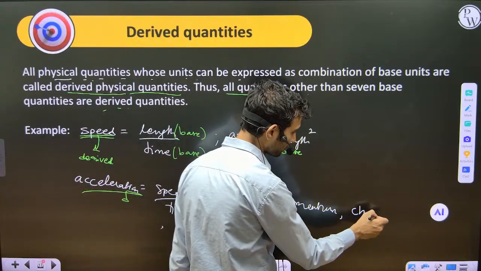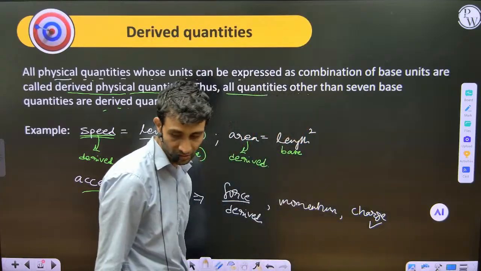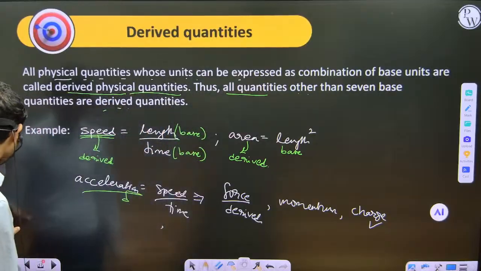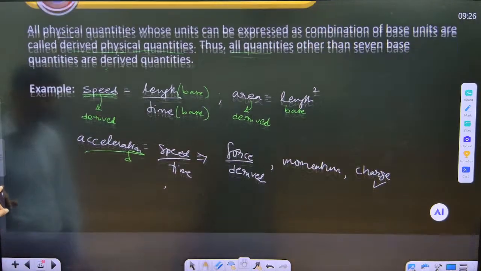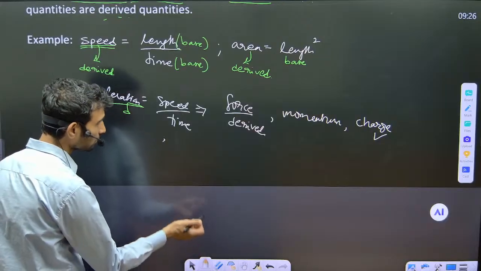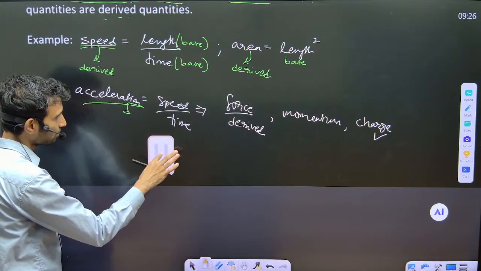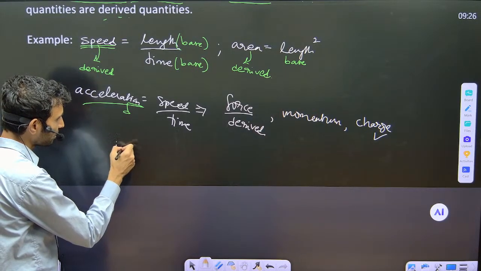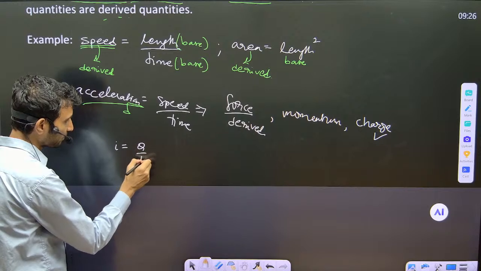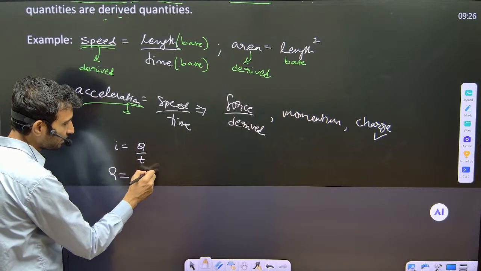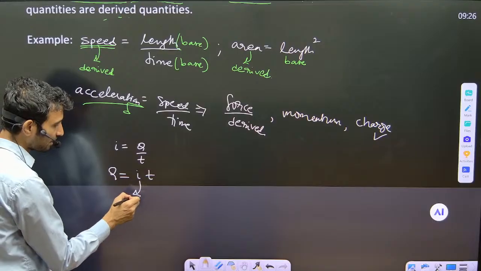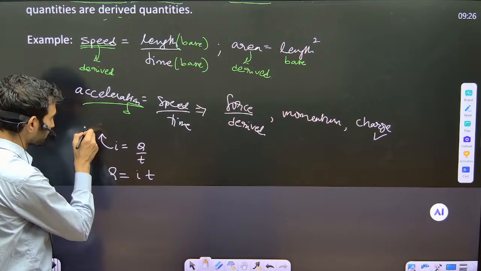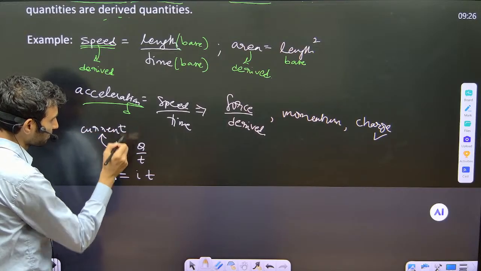What else is derived? Charge. Charge is also a derived quantity. Right? Why is charge a derived quantity? If you are wondering, let me tell you. It is because current is equal to charge upon time. So charge is equal to current into time, right?